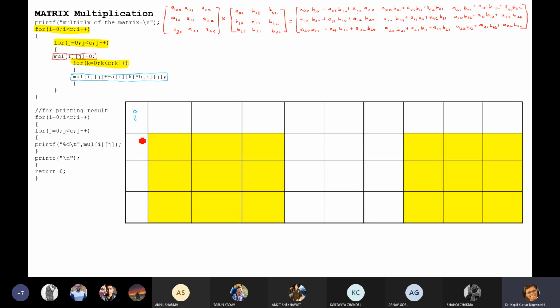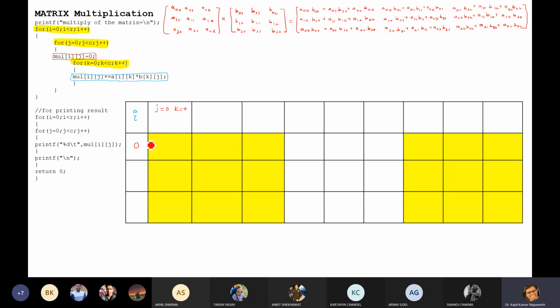Let us start calculating. i is initially 0. And for this i, this for loop is given, for j equals 0, and k equals 0. Up to this, i equals 0 and j equals 0.